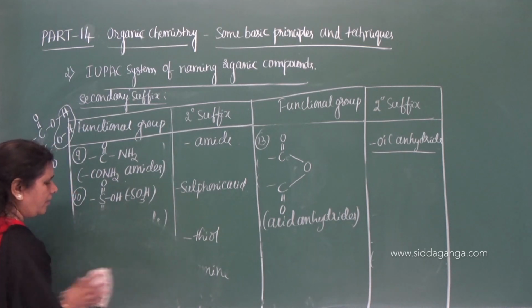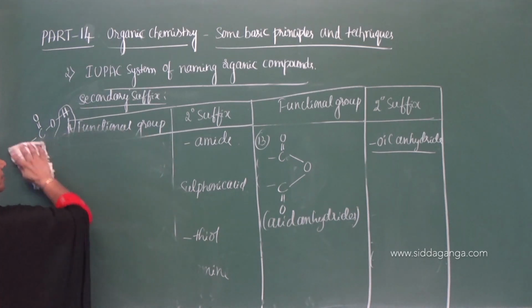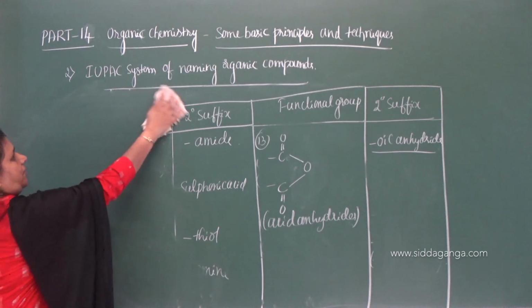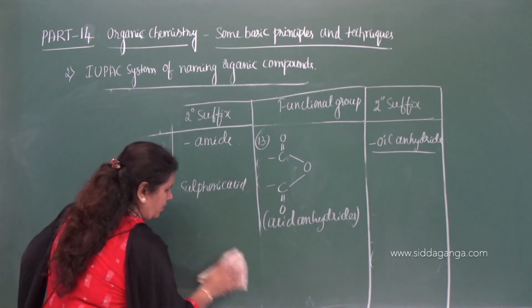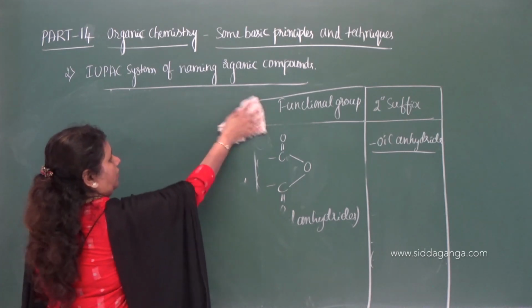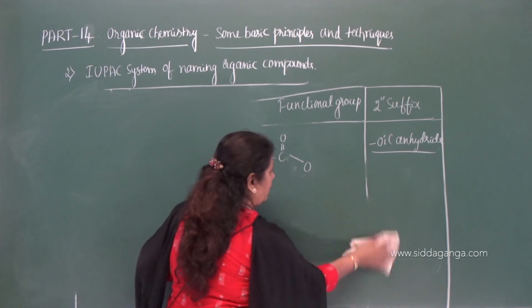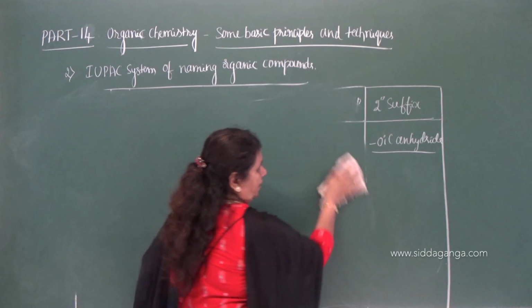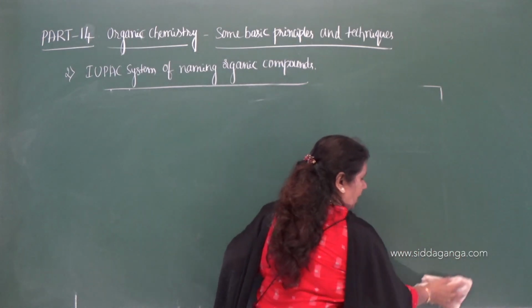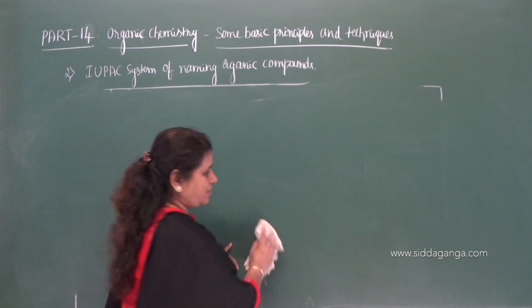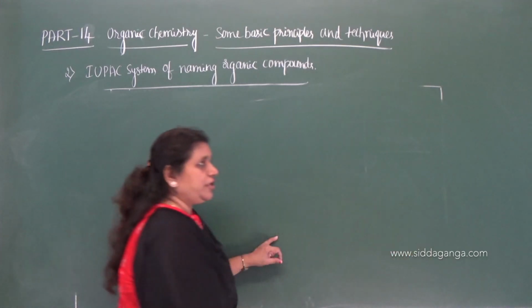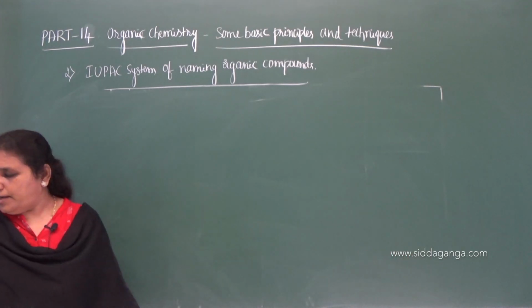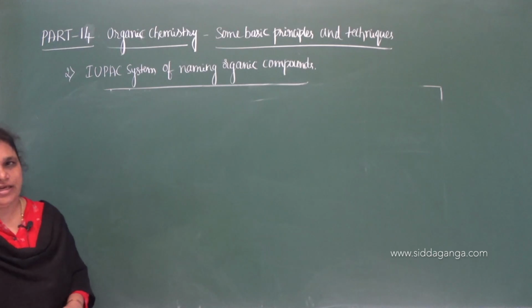You need to remember this table properly. This is very important for you, and this is the basic in organic chemistry. If you know the nature of the functional group and the suffix we have to use for the given functional group, then you can write the name of organic compounds very easily.